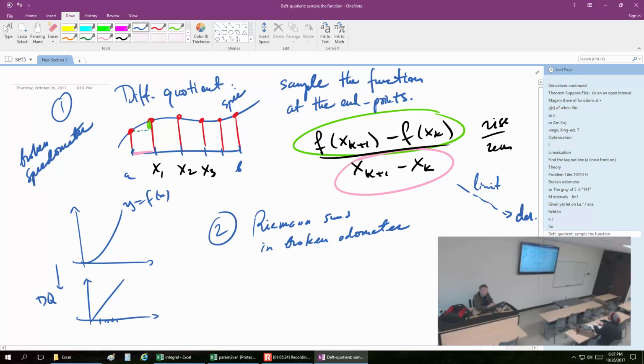Hold on, which way? I think I got it the exact wrong way. No, this is right. So broken speedometer, how do you know your speed? You look at the odometer. So this is not the speed, this is your location. The function is your location.